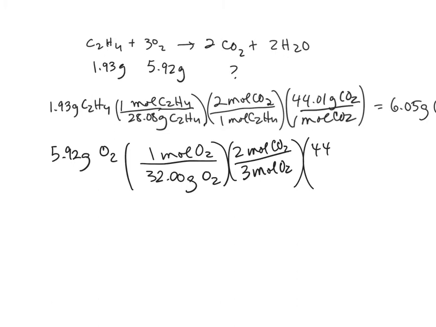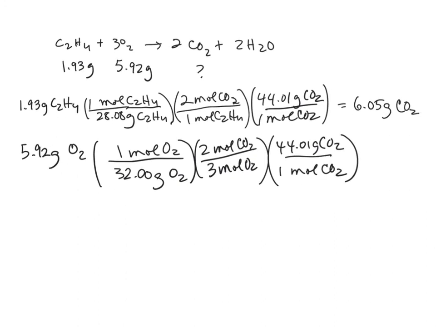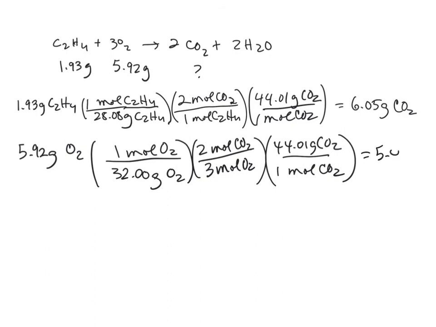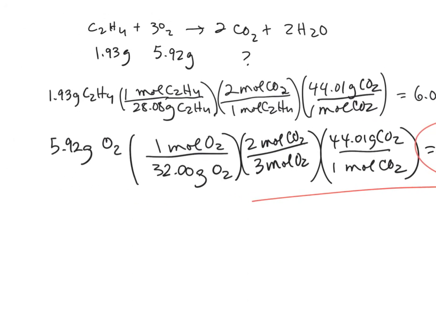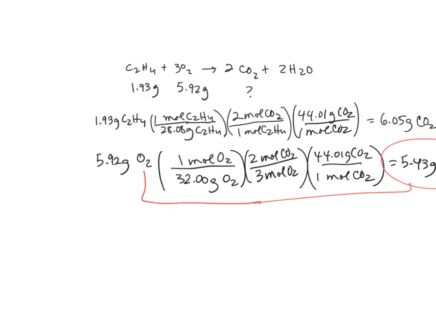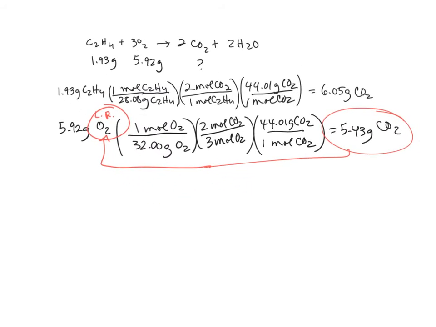Now go to grams, 44.01 grams CO2 per mole of CO2. This one turns out to be 5.43 grams of CO2. That's the smaller amount of CO2. Therefore, the O2 is the limiting reactant. Good to know. We've got one of the products.